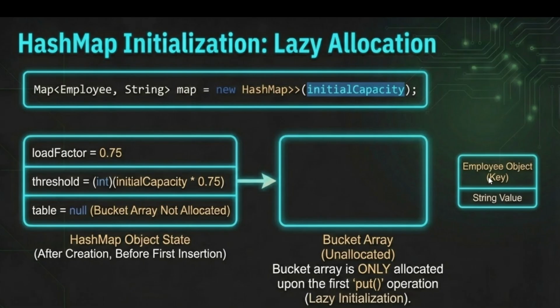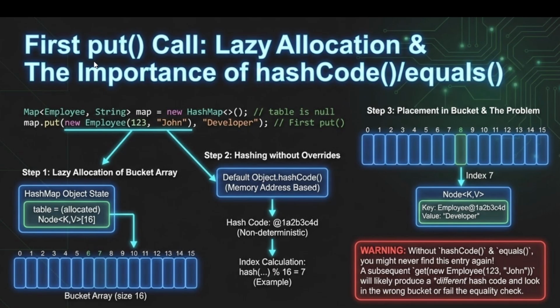Here, the employee object is what we are using for key and string is the value for this hash map. Upon the first put operation, the lazy allocation will happen. We see here the map is created and we are setting the key as employee and string as the value.